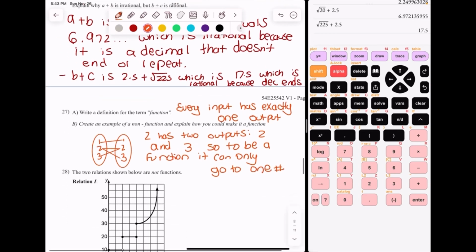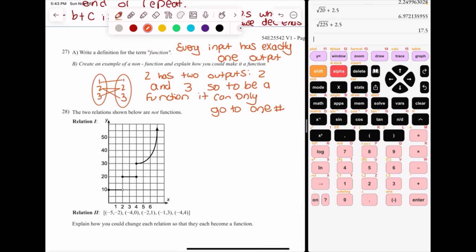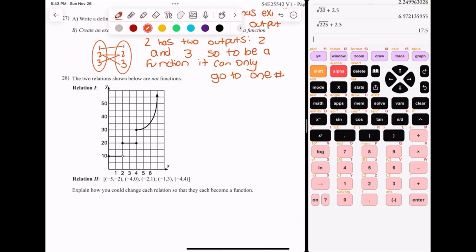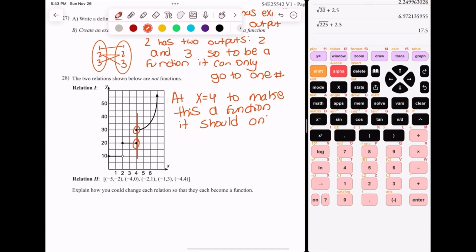All right, let's look at 28. The two relations shown below are not functions. Explain how you can change each relation so that they become a function. All right, relation 1. At x equals 4, to make this a function, it should only have one output. -5, -4, -2, -1, -4. Oh, there's a problem.